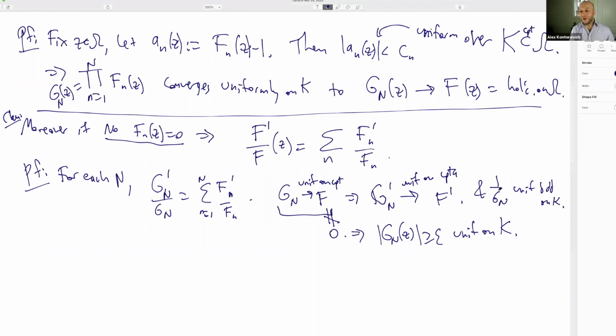And so you have two functions, G prime n and 1 over Gn, both converging uniformly. Therefore, their product converges uniformly on this compact set, and it converges to the product f prime, and this converges to 1 over f.